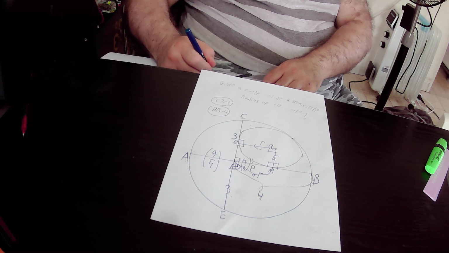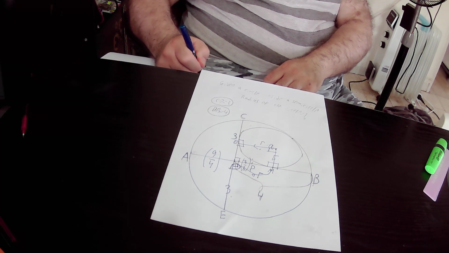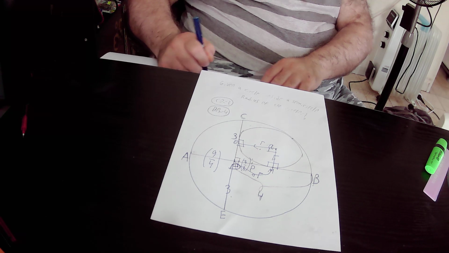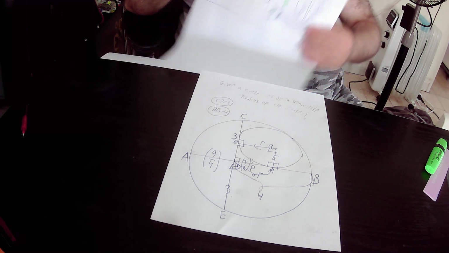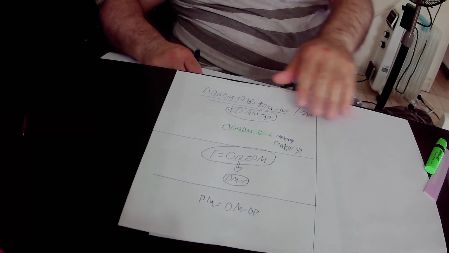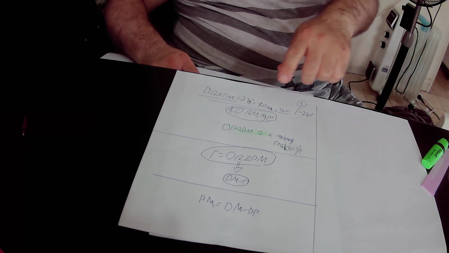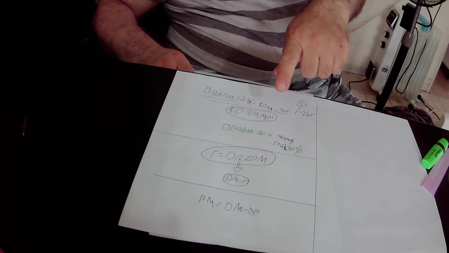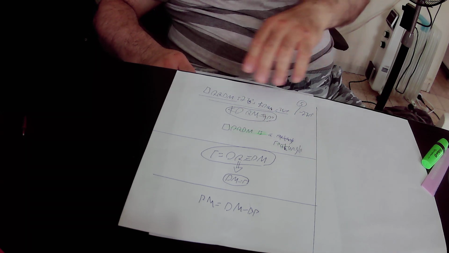DM minus DP equals PM. I'll repeat again, PM equals DM minus DP according to the drawing.